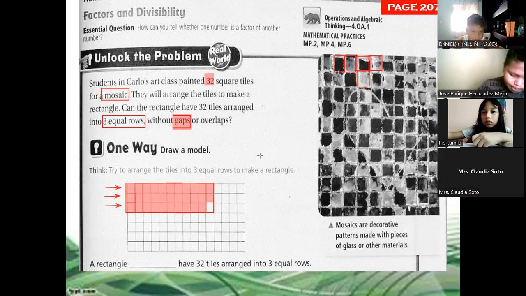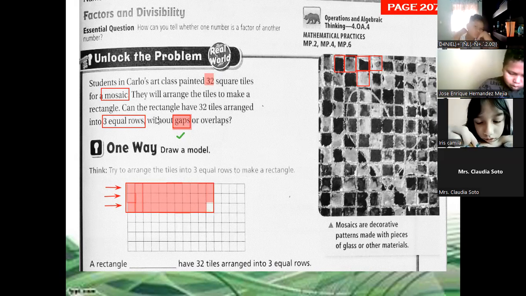We don't color the box. I have a gap here. I have a gap. This one, I have a gap here.